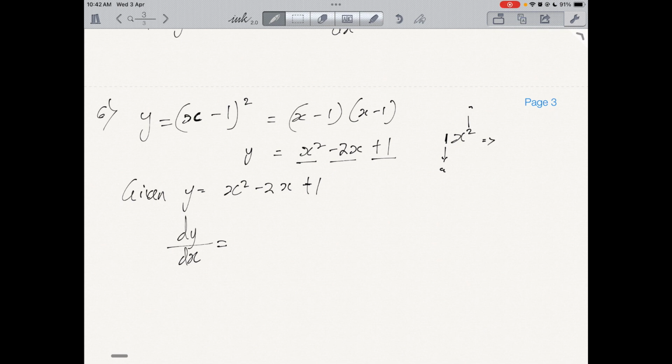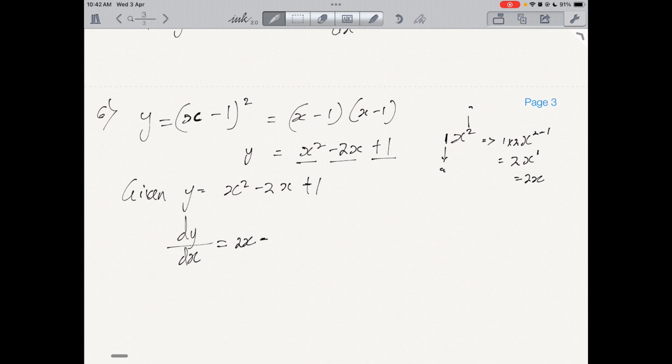This will give us 1 times 2 times x to the power 2 minus 1, and this will give us 2x to the power 1. That is 2x. So when we differentiate x squared, we have 2x.